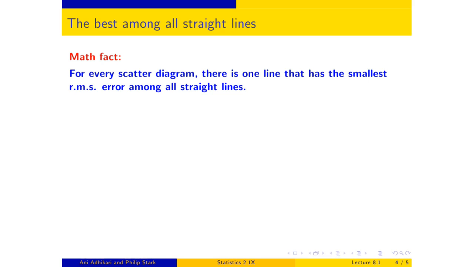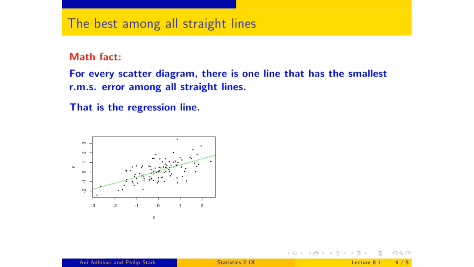And which straight line is that? Yep, it's the regression line. And that is why the regression line is used rather than any other. It is the least squares line. It makes the smallest mean squared error among all straight lines.